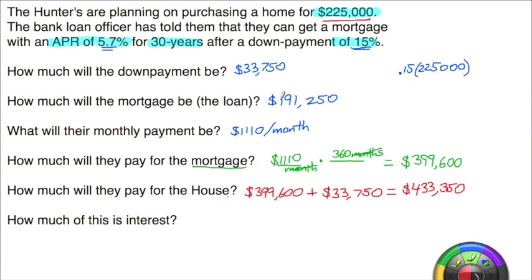Kind of crazy, huh? So then the next question is, how much of this is interest? Well, interest is always going to be I equals the future value minus the principal. Well, the future value is this number over here. That's how much it cost to pay for this house. And the principal, of course, is the original $225,000. So the interest is going to equal this big ugly number minus the original big ugly number.